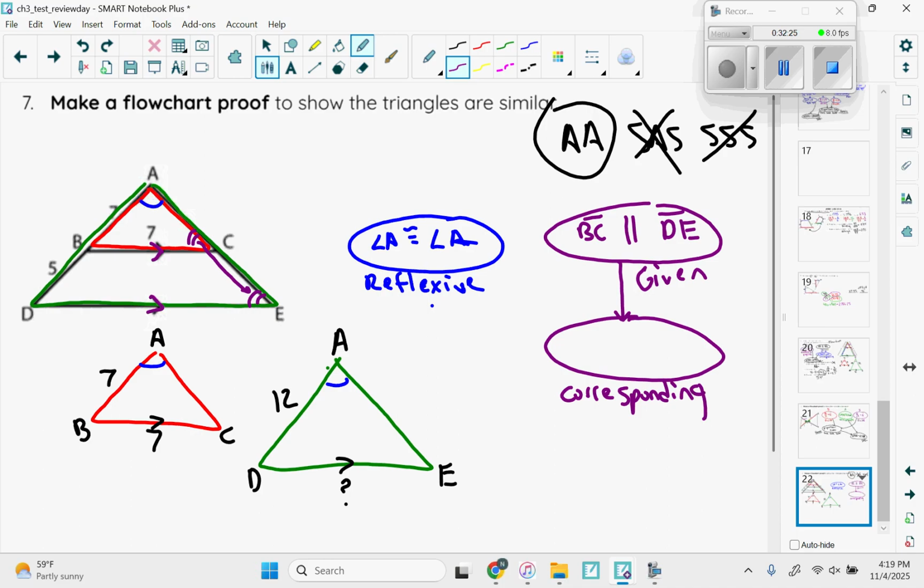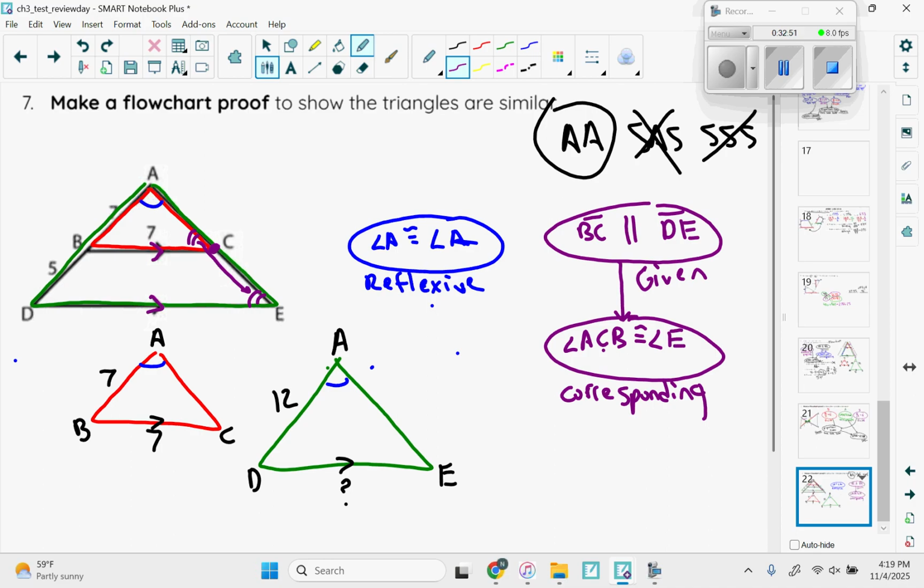And let's go ahead and name them. We can't just call it angle C because there's more than one angle here at where C is. So we want to call this angle ACB. Notice the C is in the middle where the vertex is, and that is congruent. And we can call that just angle E because there's only one angle there.